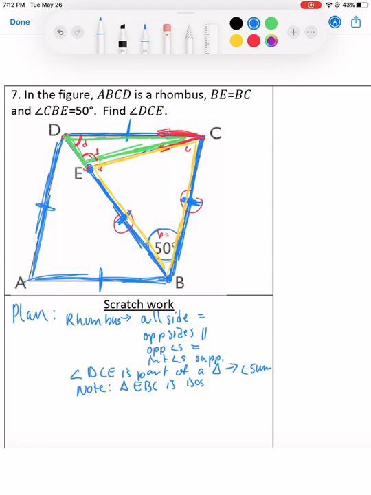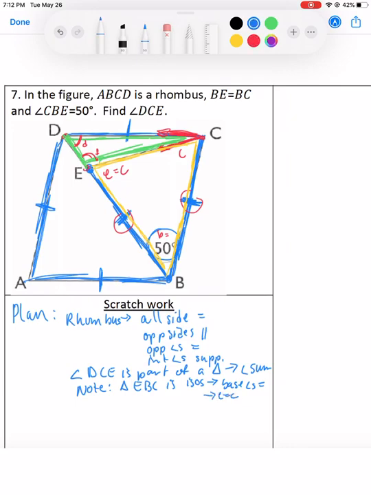Now when that happens, we automatically know that the base angles are equal. Okay, because of the base angles of isosceles triangle, which means that E is equal to C. Okay, so we put that in there. Therefore, E is equal to C.